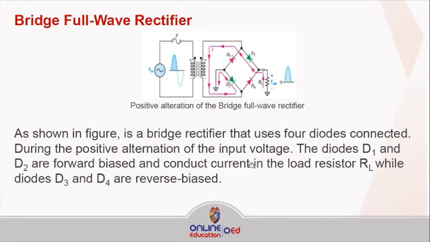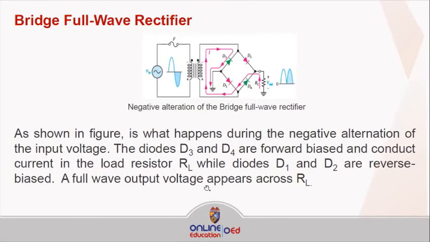Yung kanina kasi, D3 at D4 naman dito is naka-reverse bias. Kabaliktaran nga. Okay, the diodes D3 and D4 are forward bias in negative alternation. Kapag naka-forward bias, it will conduct current in the load resistor RL. While yung diode 1 naman natin dito at diode 2 are in the reverse bias, it will block current in the circuit or RL load resistor.